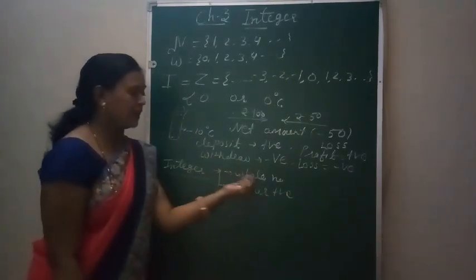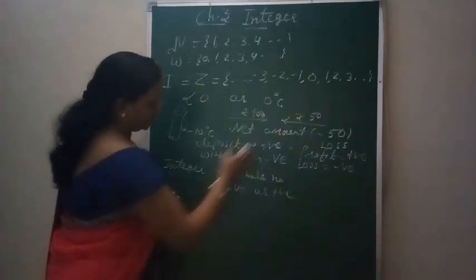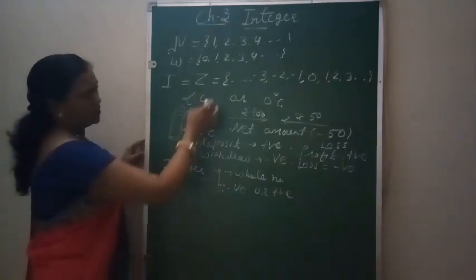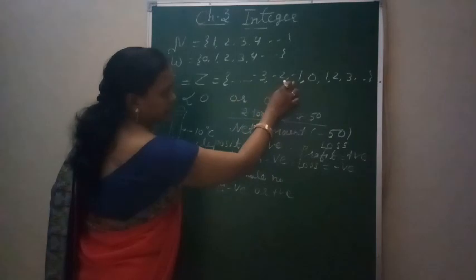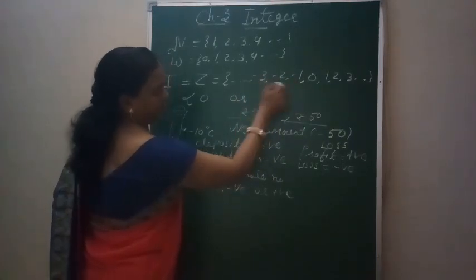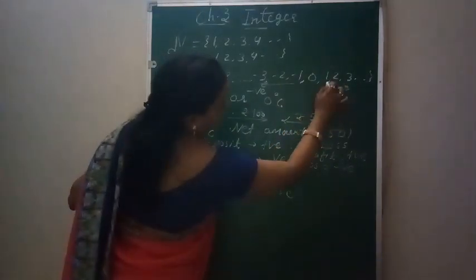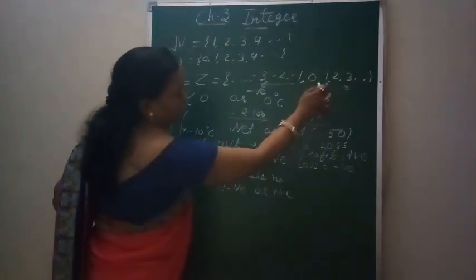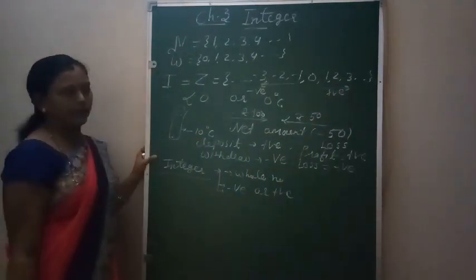Negative integers are -1, -2 and -3, and on the right side of 0, 1, 2, 3 are the positive integers.